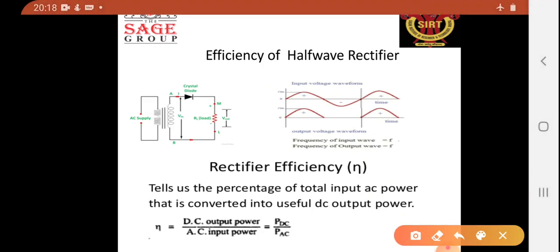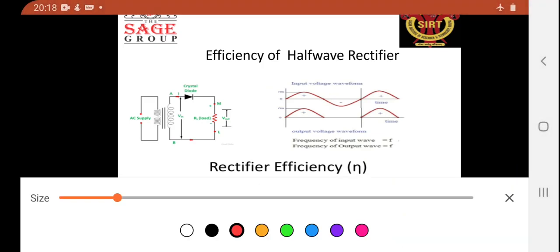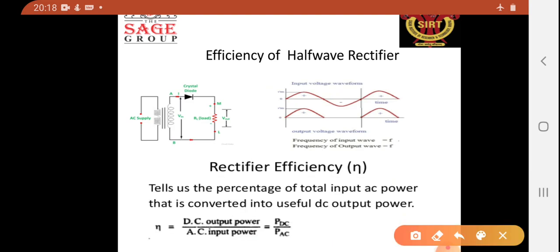When we calculate the efficiency of the rectifier, we will find that the half wave rectifier converts only 40.6% of AC into DC.